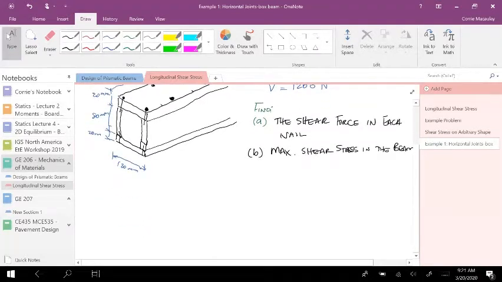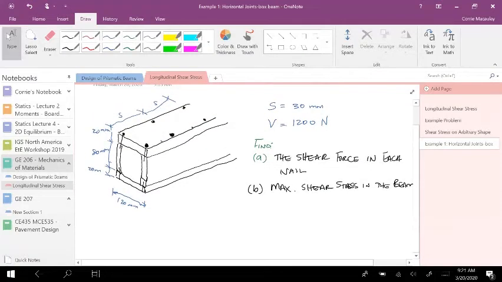So what are the first things that you think we need to do? We're trying to find shear force in each nail. Does anybody want to tell me how we can get there, or what's one of the first things that we might need?